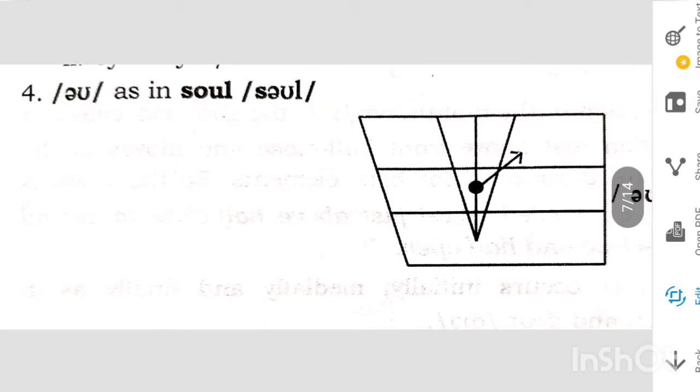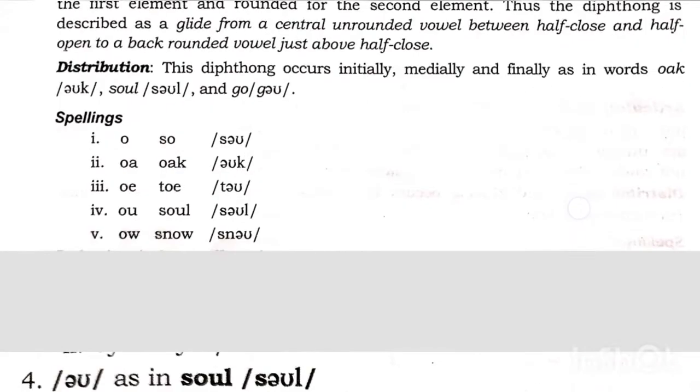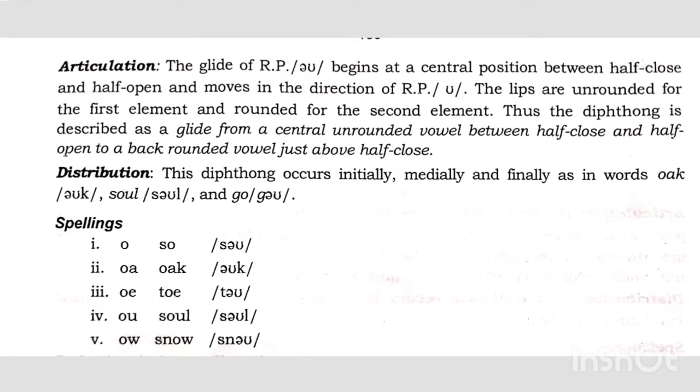The lips are unrounded for the first element and rounded for the second element. Thus, the diphthong is described as a glide from a central unrounded vowel between half close and half open to a back rounded vowel just above half close.